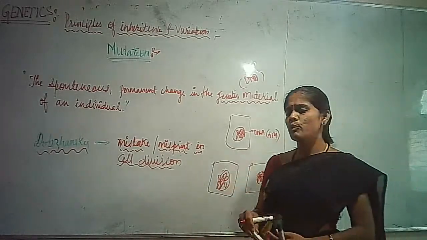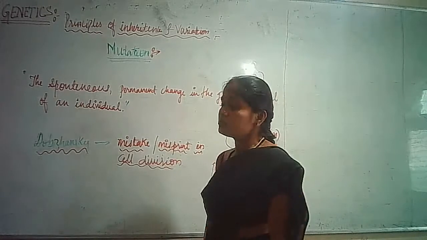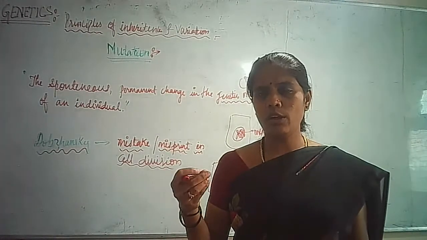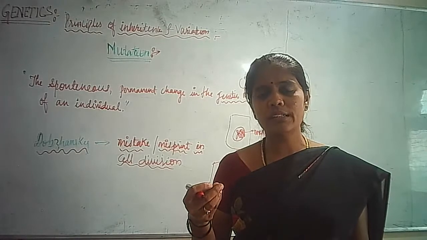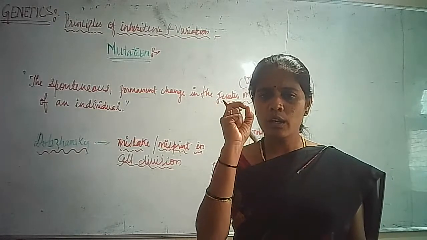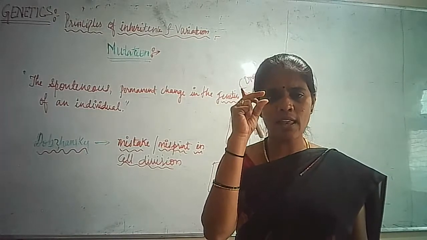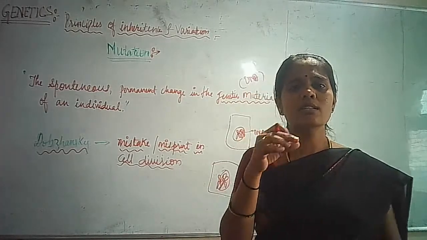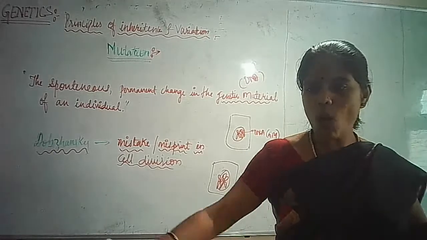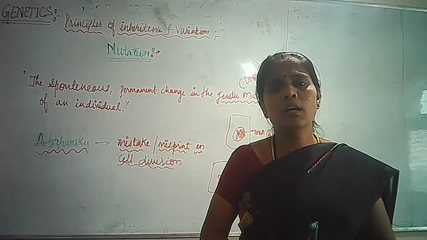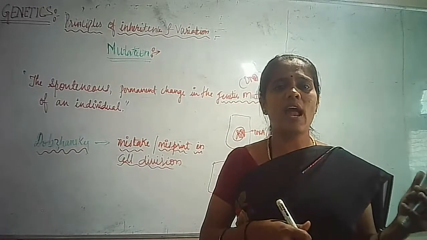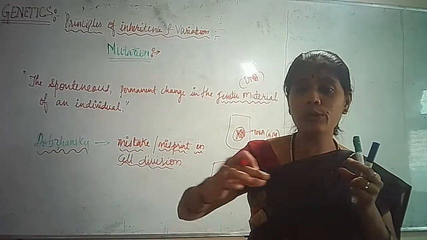What results in mutation in the case of genetics? In the molecular basis of inheritance, you have studied that the DNA is packaged in a very tiny nucleus of a very tiny cell, and meters of DNA are packaged there, consisting of so many nucleotides.